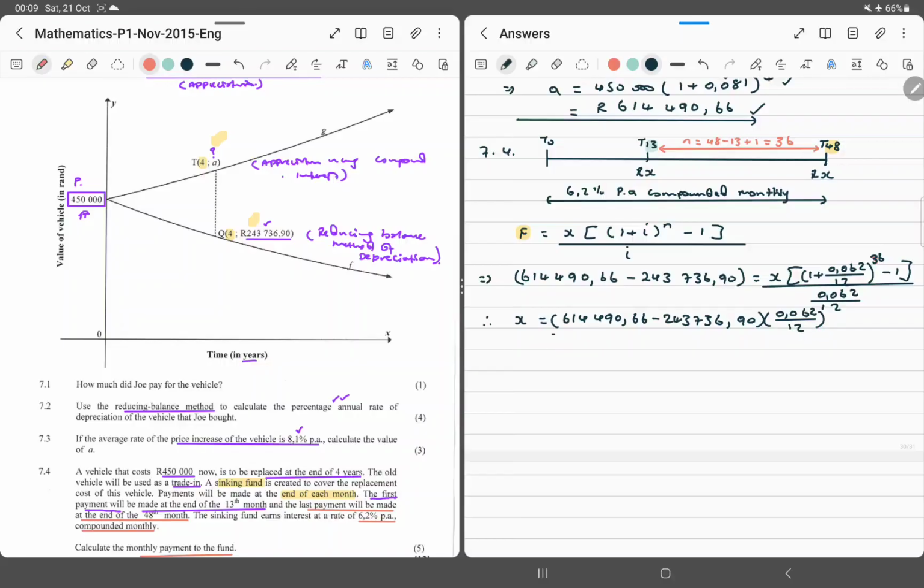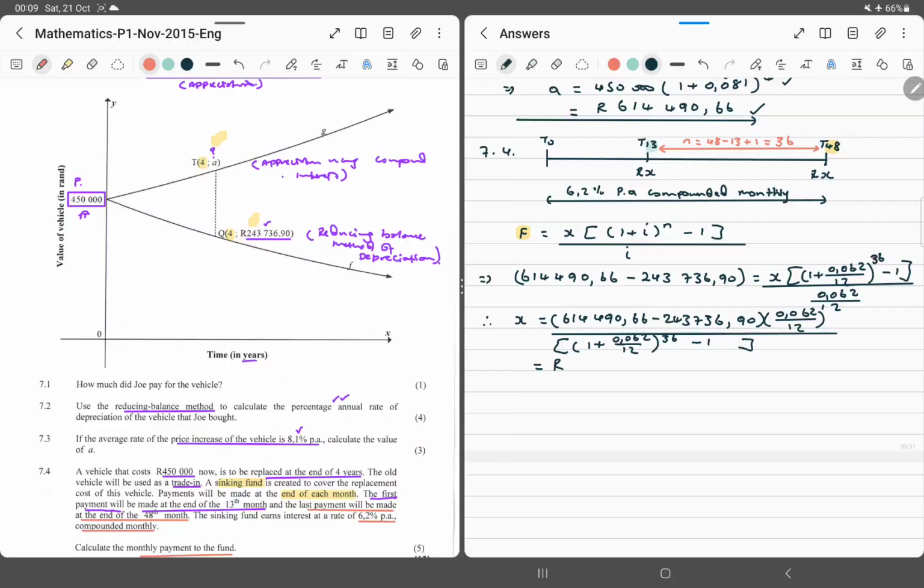Okay, all of this divided by the big bracket, which is 1 plus 0.062 over 12, all to the exponent 36, minus 1. Okay, so let's see. This is going to be in rands. So it's a very big calculation.